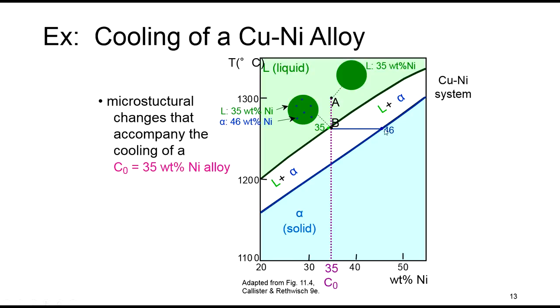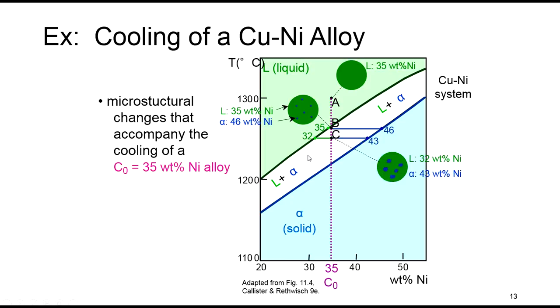We go to the right, and this value is equal to 46%. However, the weight ratio of alpha phase is very low, while we have a high nickel weight ratio in it. In the rest we have liquid phase, and the weight percent of nickel is 35 from this tie line. We go down a little bit to the middle of this two-phase region.